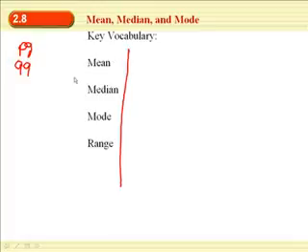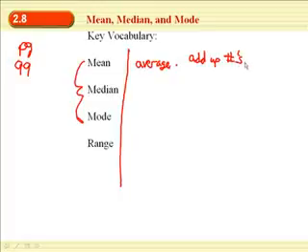The mean, these are all what we call central measures of tendency. Mean is the average, and you add up all the numbers and you divide by the number of numbers. And we'll do some of those to remind you. Median, quite simply, is the number in the middle after you put the numbers in order.